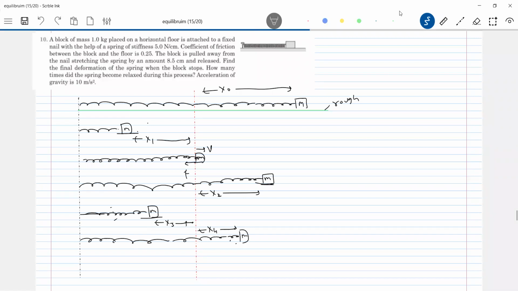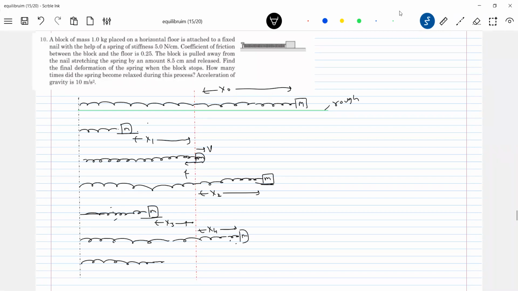Finally, where should it come to rest? Don't say mean position. So somewhere let it come to rest. Finally what will happen? The compression or the elongation in the spring will not be sufficient. So somewhere here, I'll write, say this is kx, where it is just unable to overcome the friction, and the friction acting will be, you can just say, equal to static friction, equal to mu mg.